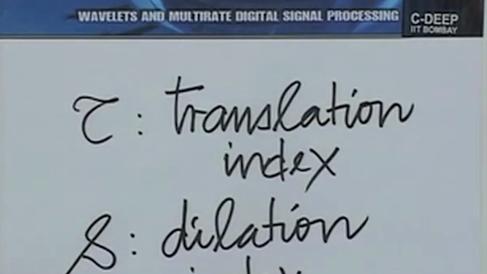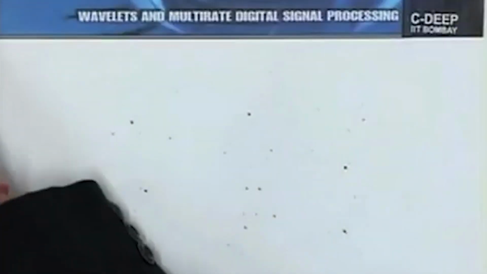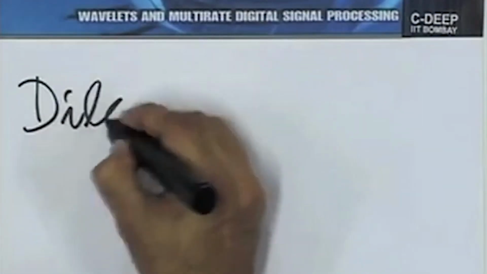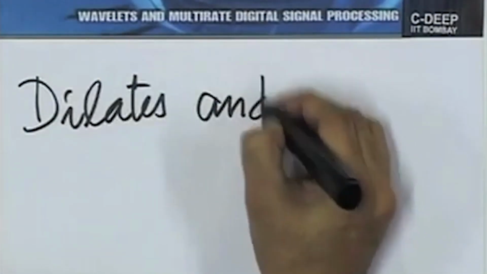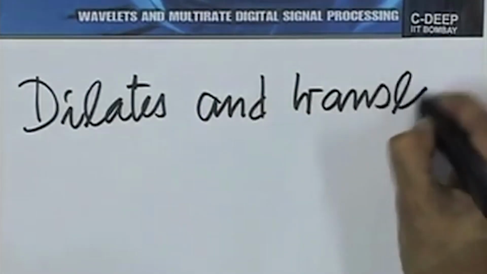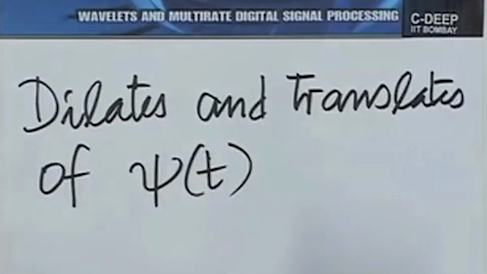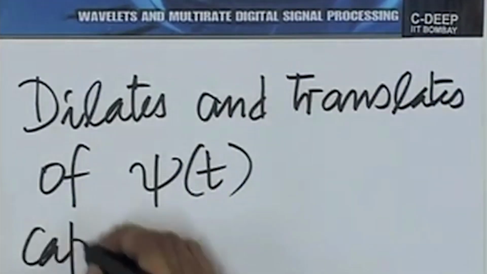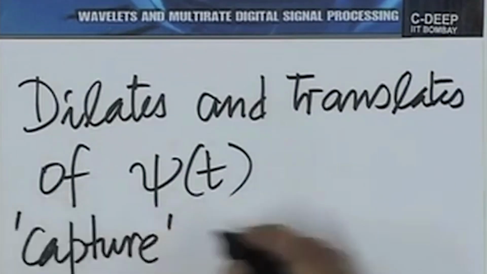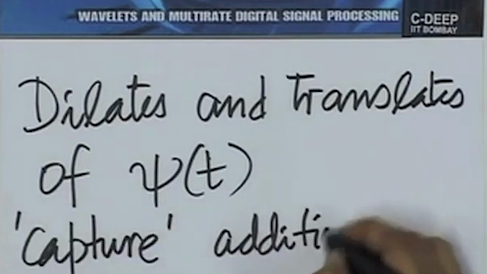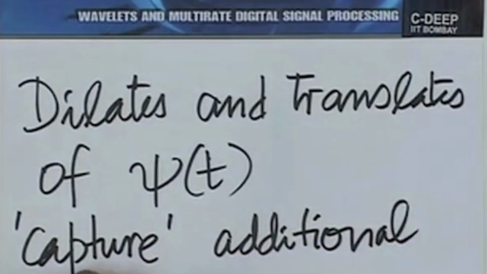And we are dilating and translating, or we are constructing dilates and translates of a basic function. Dilates and translates of psi(t) capture the additional information in f2(t) minus f1(t).